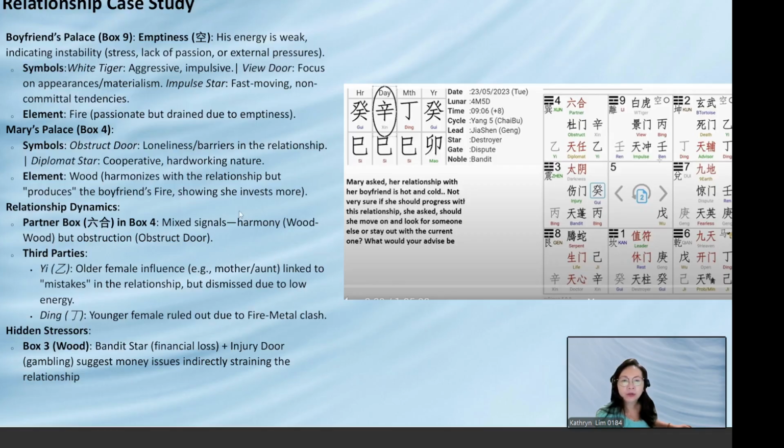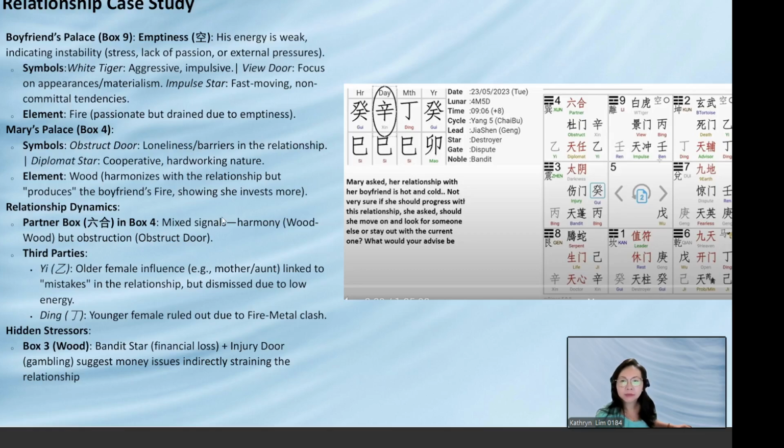Overall, from the video learning, we've learned about the key elements. In lesson six, we learned about the corresponding symbols to look for in a relationship.